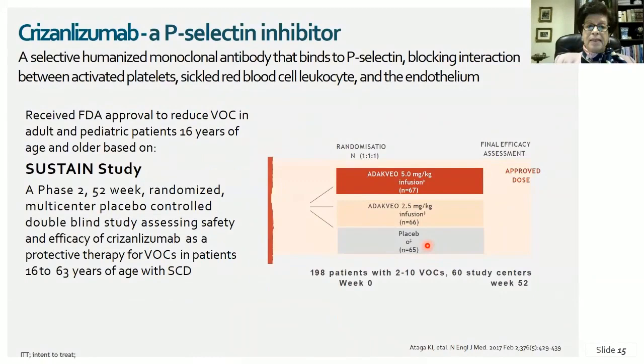And most recently, crizanlizumab, which is a P-selectin inhibitor, really targeting adhesion. It's a selective humanized monoclonal antibody that binds to P-selectin, blocking the multi-adhesive process. It received FDA approval to reduce VOC in both adult and pediatric patients 16 years of age and older, based on the SUSTAIN trial, a 52-week phase 2 randomized multi-center placebo-controlled trial looking at the safety and efficacy of this drug.